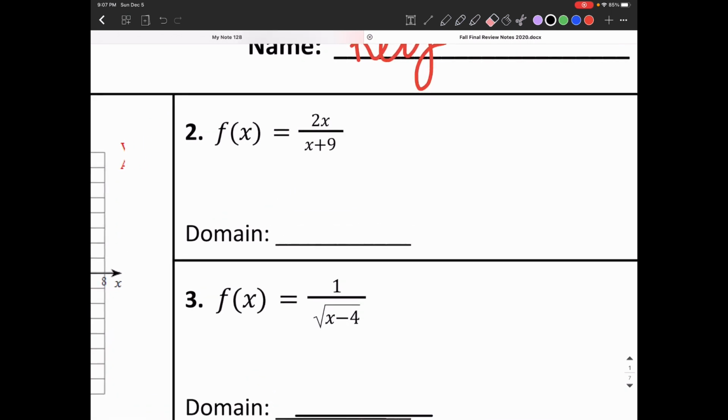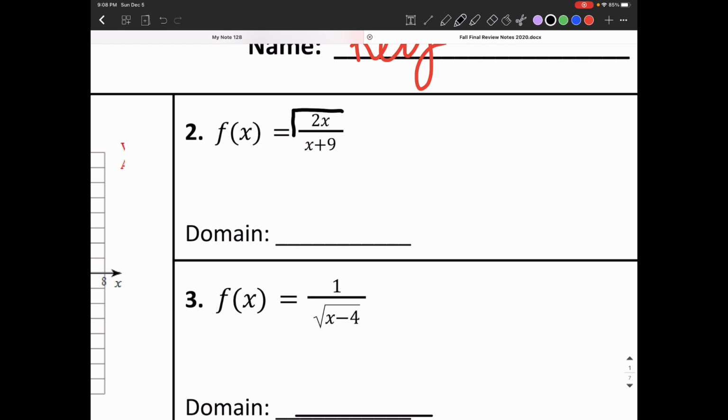For number 2 here, I want to talk about what's the domain of this function. Basically what I need to do is think about what is not allowed for x, like what can x not be.